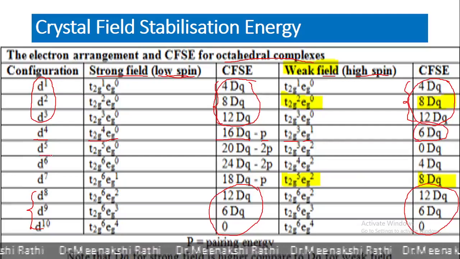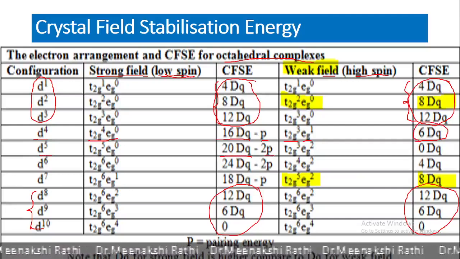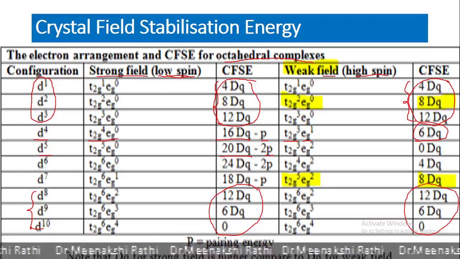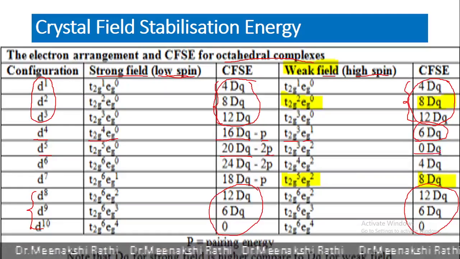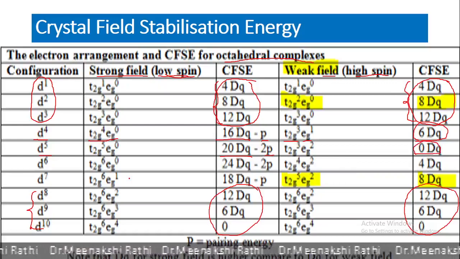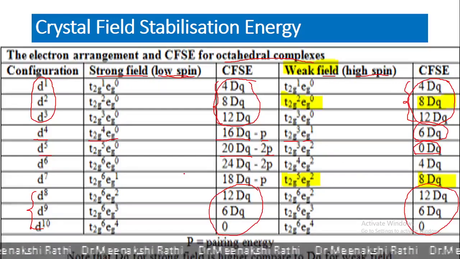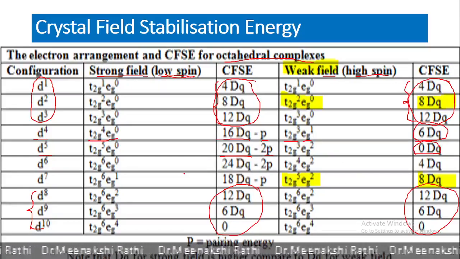Similarly, in case of d5, it is 20 Dq with 2 pairing energies, while it is 0 Dq in weak field ligand. Similarly, you can find out for d6 and d7.